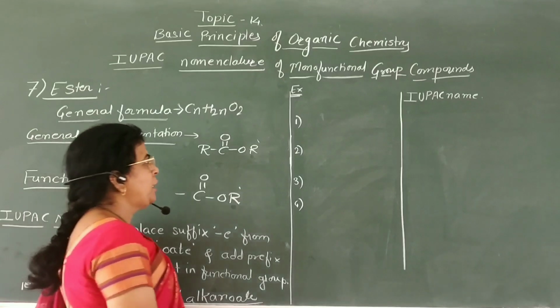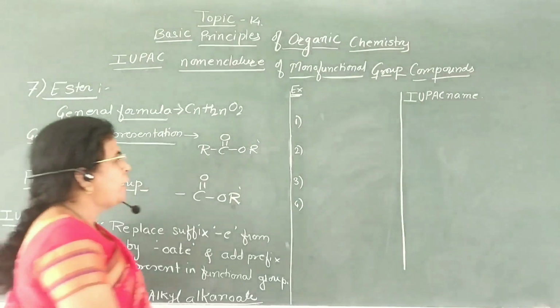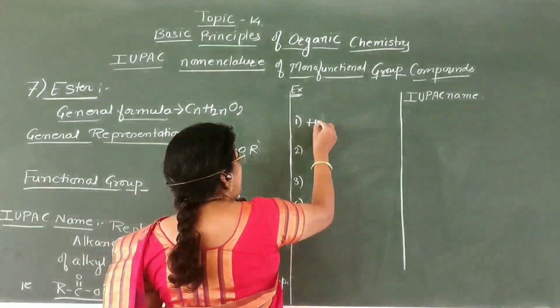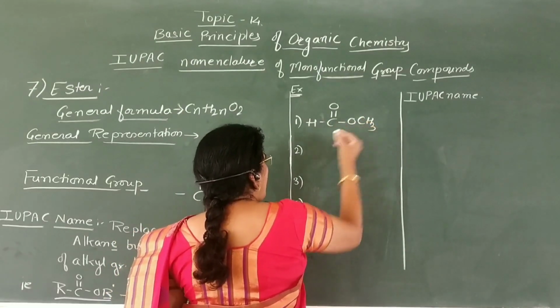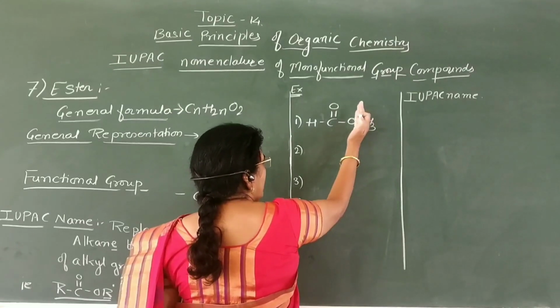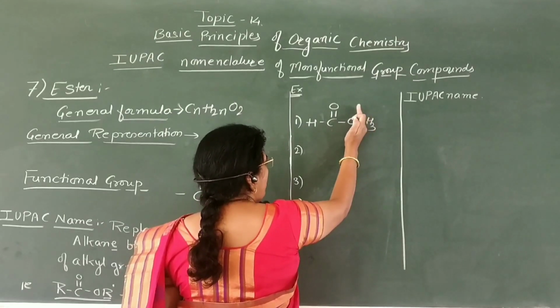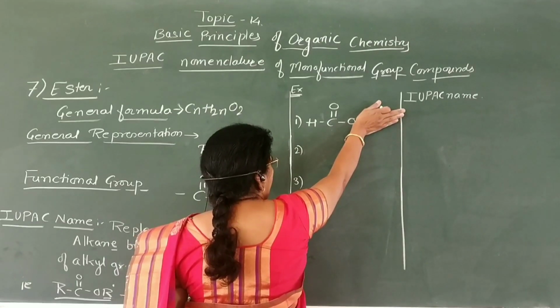Now we are going to see some examples so that we can understand this nomenclature of esters. Now here first example, HCOOCH3. Now this is methyl group and there is only one carbon atom beside this methyl group. If we write here hydrogen atom, then it becomes methanoic acid.